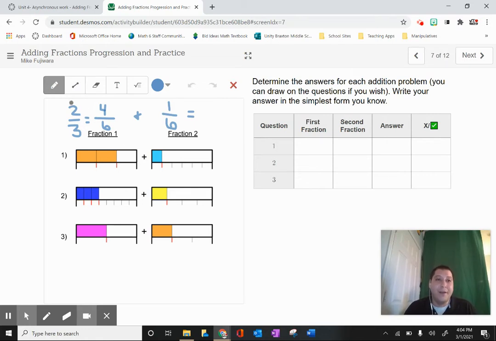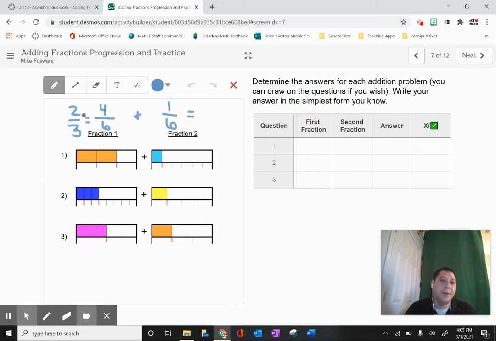So I have written that 2/3, which is the first fraction, and it looks like 1/6, that is the second fraction. In order to add them, if I had 2/3 and 1/6, I'm thinking of what denominator could they have where I could make them the same.